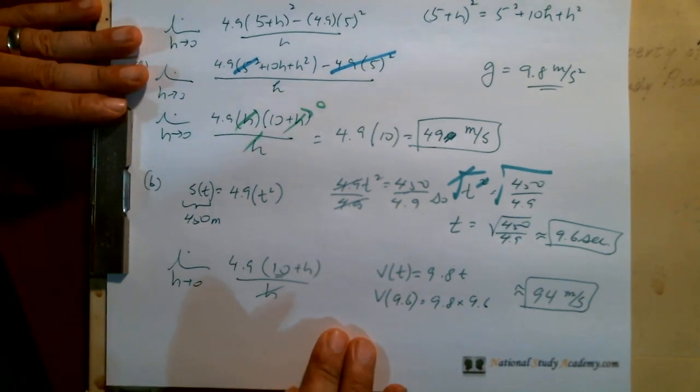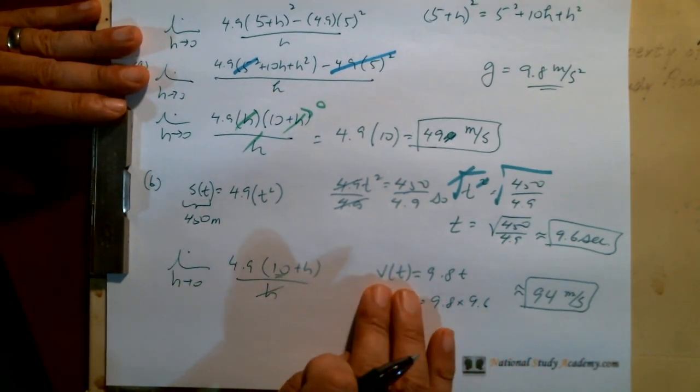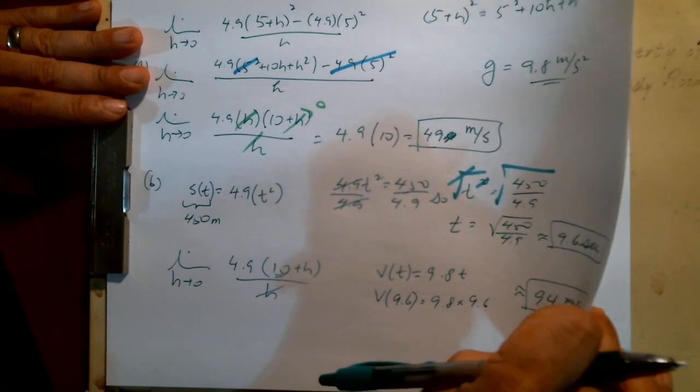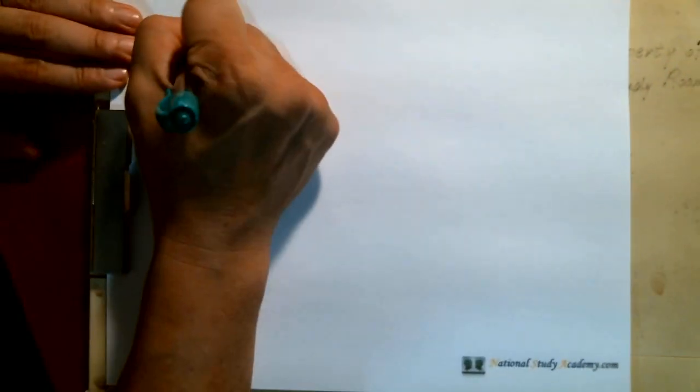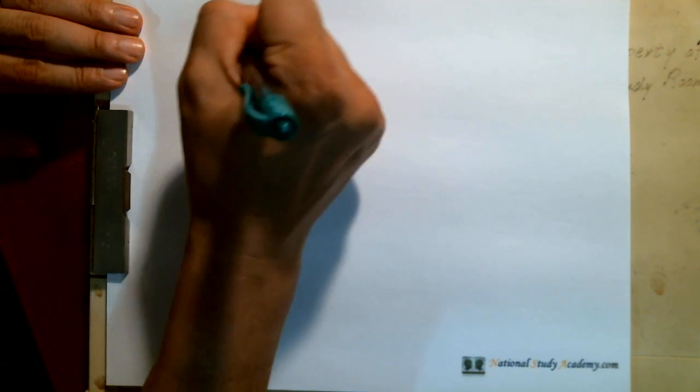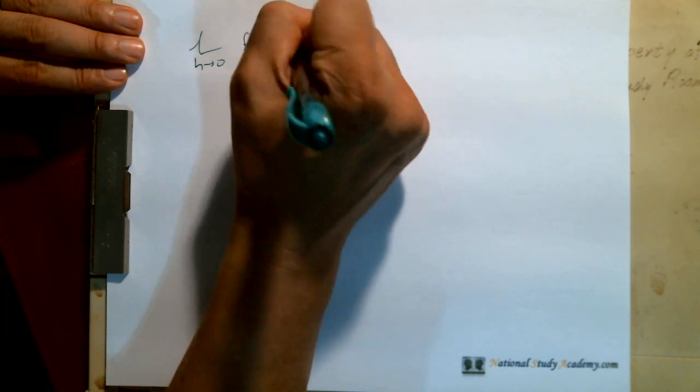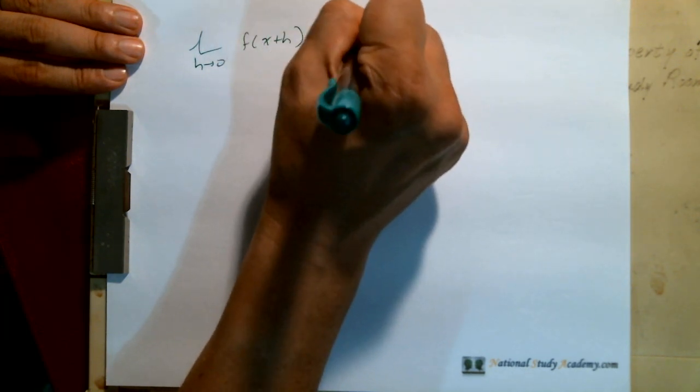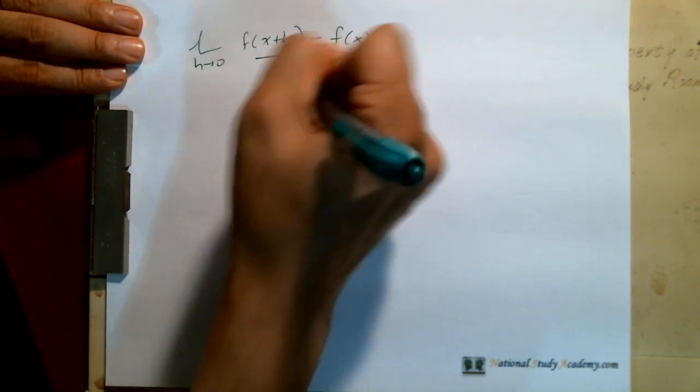So how am I going to do something like this? Find the velocity. I'm just going to make a proof for you a little bit differently. Limit as h approaches 0 of f of x plus h, instead of a, I'm going to put x, minus f of x all over h. It's the same process.